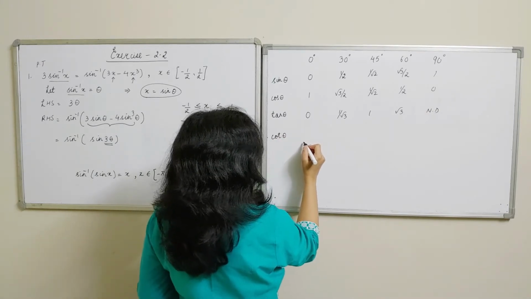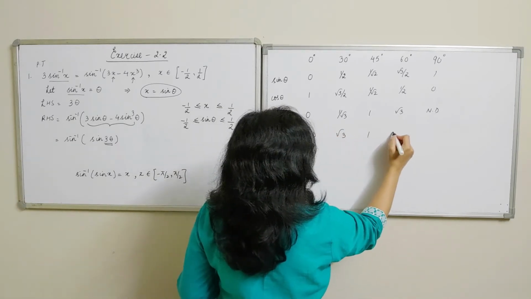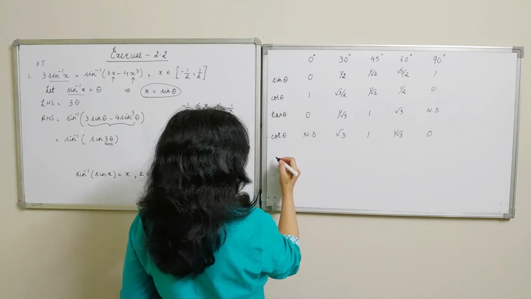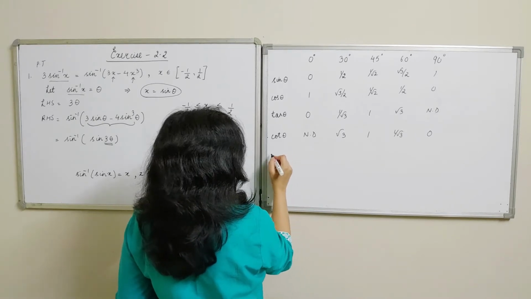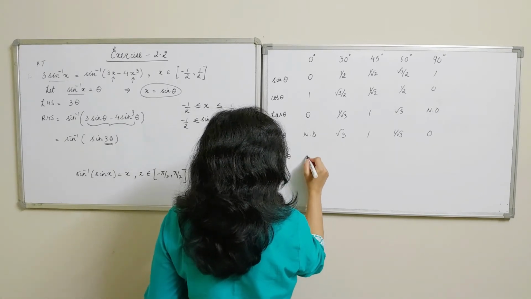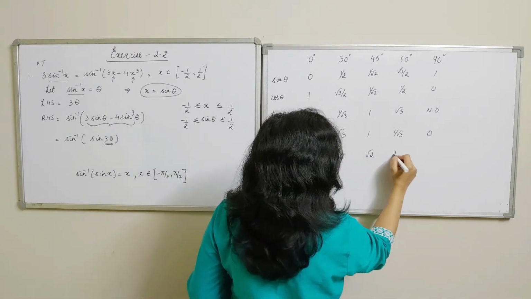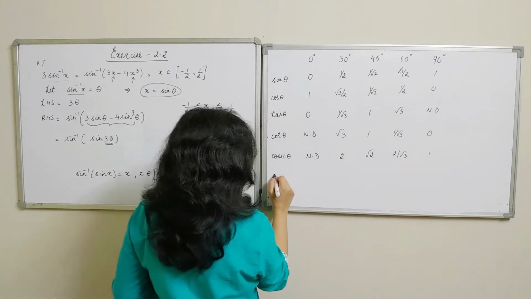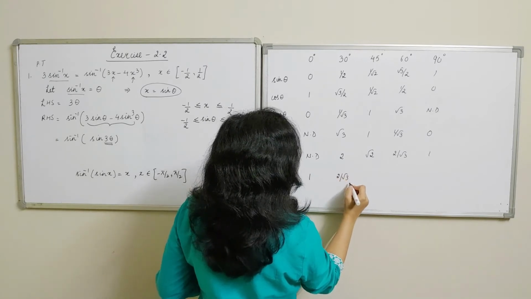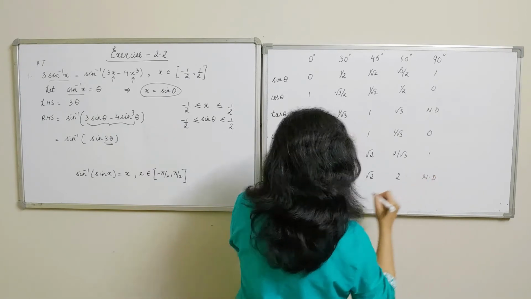Cot theta can be written as, then next let us take cosec theta, and then values of sec theta. So these are the values.